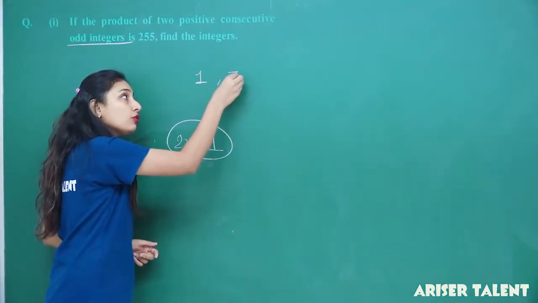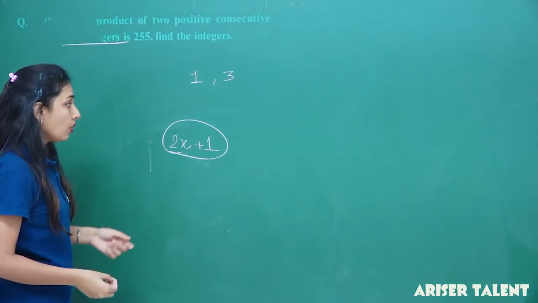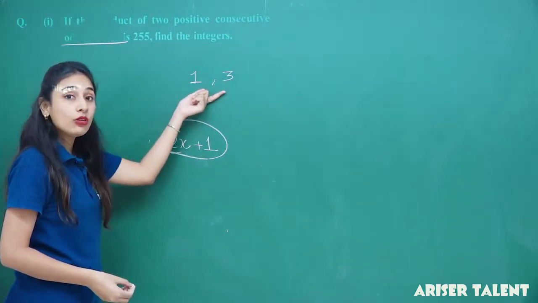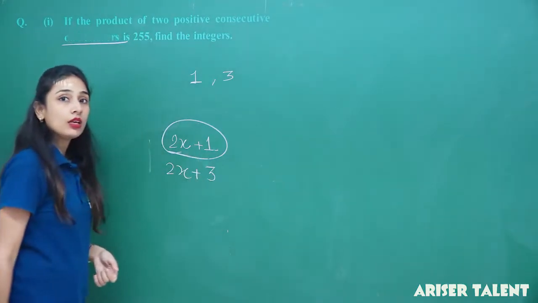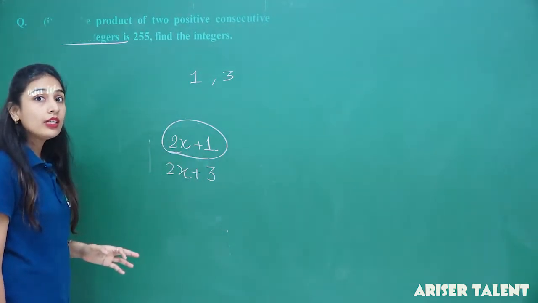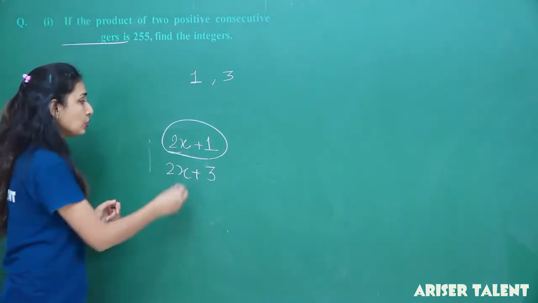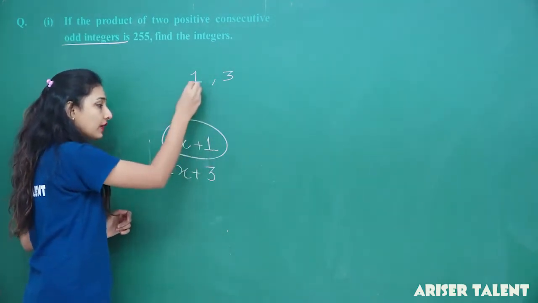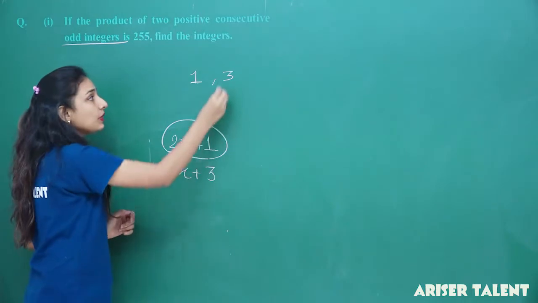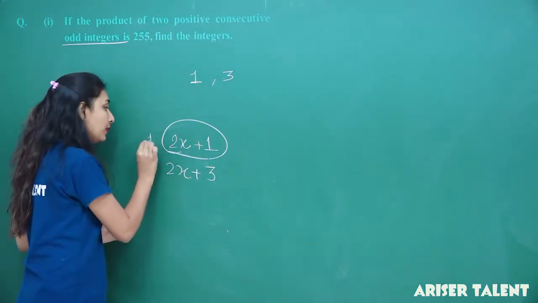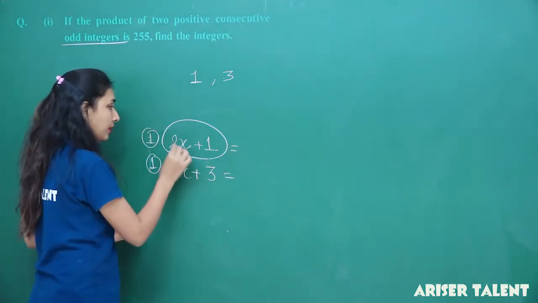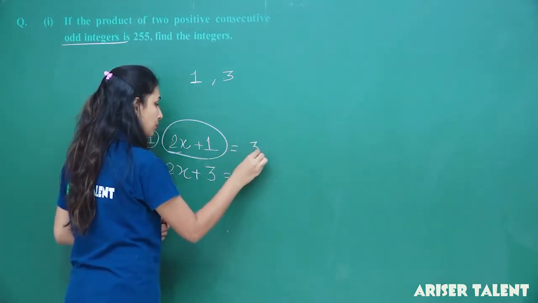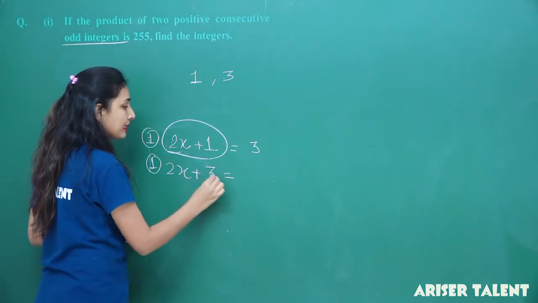That will be for sure 3. Now how can I make this as 3? Can I take 2x plus 3 as the second consecutive odd number? Okay, so if I put 0 here, that will give me 1. If I put 0 here, that will give me 3. Now if I put 1 in both, then the value will be 2 plus 1, 3, and 2 plus 3, 5, then 7.